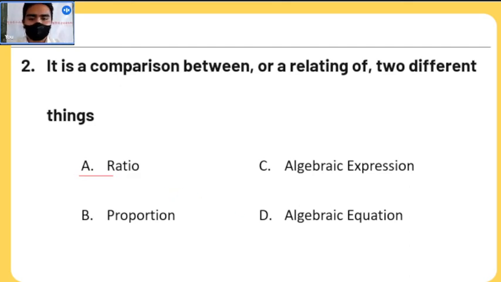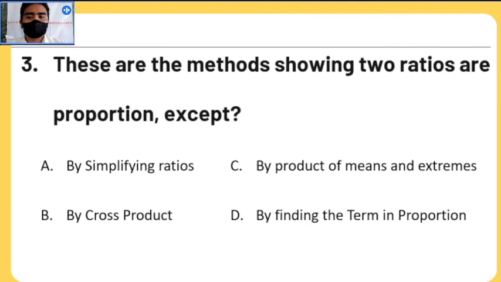Now, number 3. These are the methods showing two ratios are proportion, except what? Letter A, by simplifying ratios. B, cross product. C, by product of means and extremes. D, by finding the term in proportion. What's the answer?